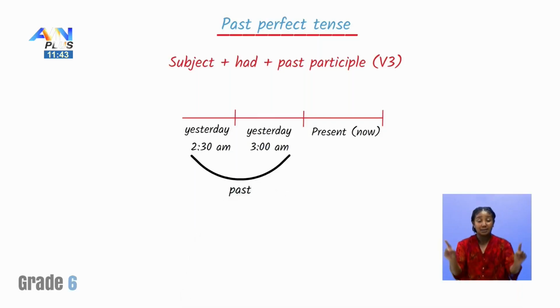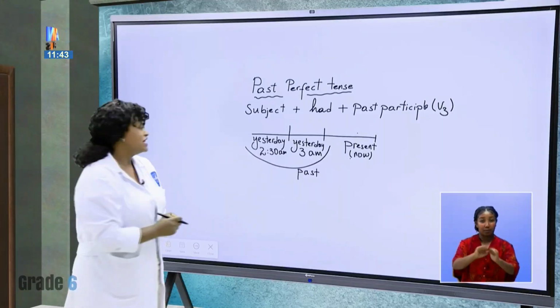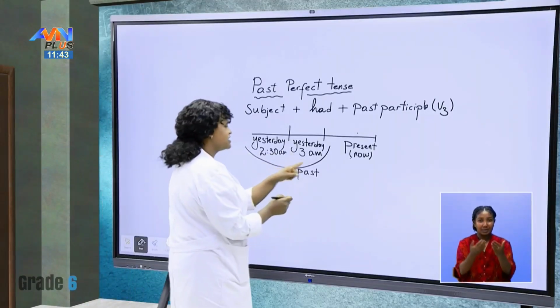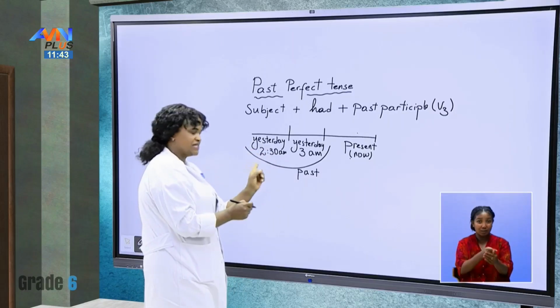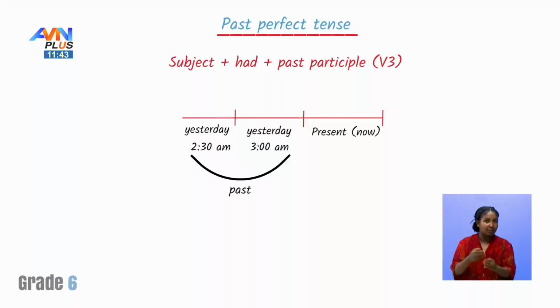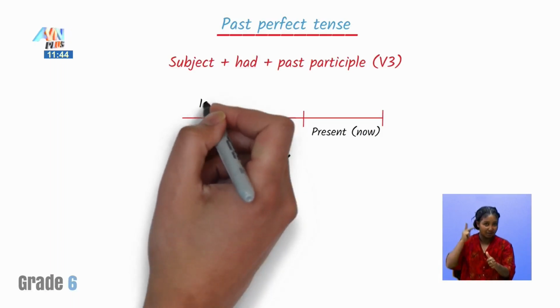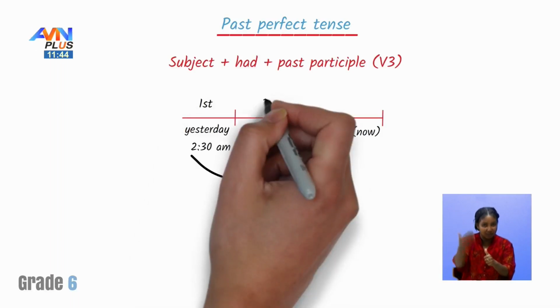But when we compare according to the time, this one is a recent past and this one is the first past, which means this one happened first, and this comes second.